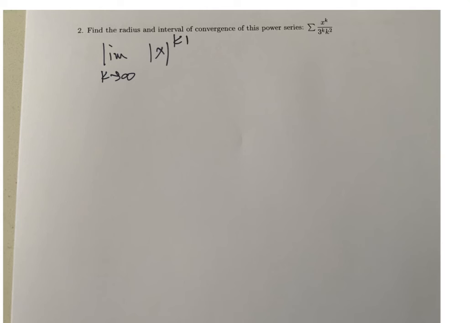So absolute x to the k plus 1 divided by 3 to the k plus 1 times k plus 1 squared. And the ratio test says we divide that. I think we're in the habit, I see you doing this, inverting and multiplying. So 3 to the k times k squared divided by the absolute value of x to the k.